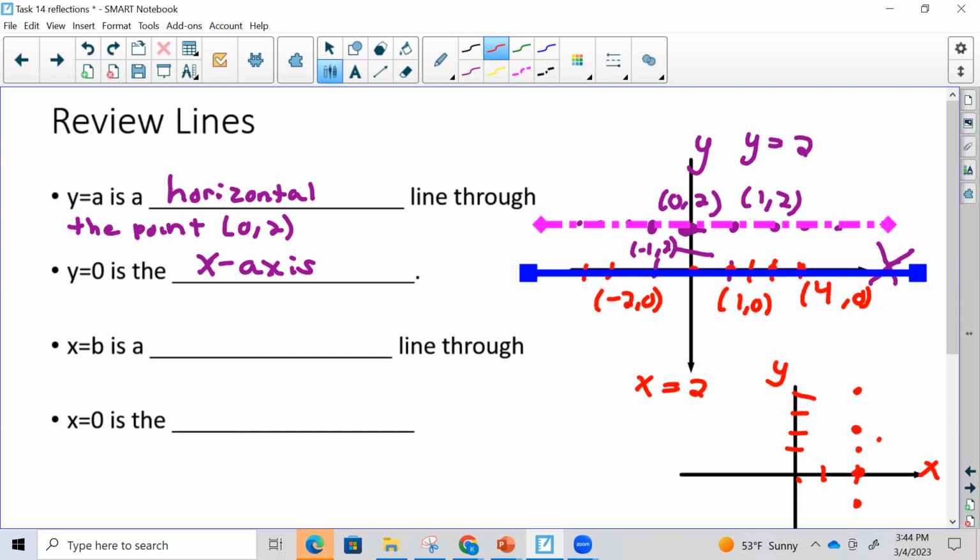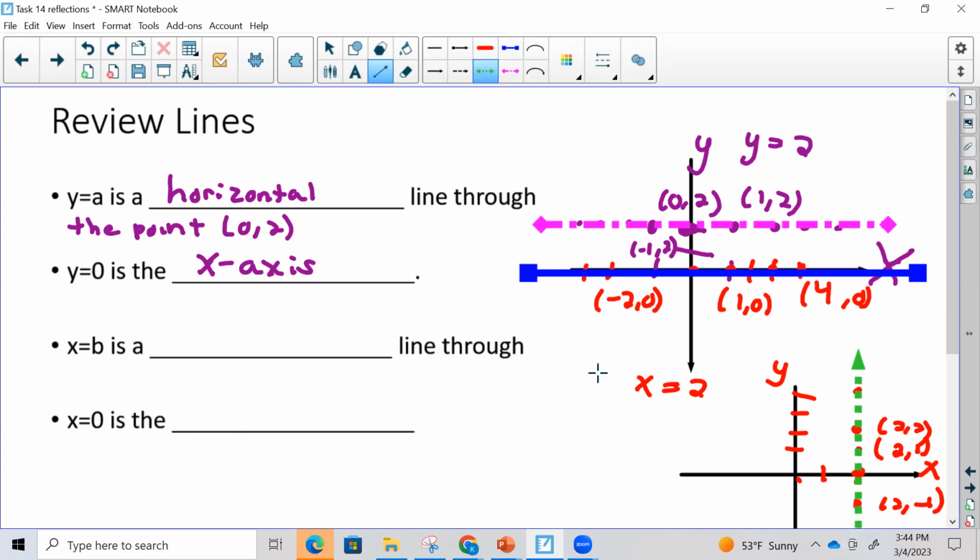So this point would be (2, 1), this point would be (2, 2), and this point would be (2, -1). And so x equals a number is always a vertical line that goes through the x-axis at whatever that x value is.